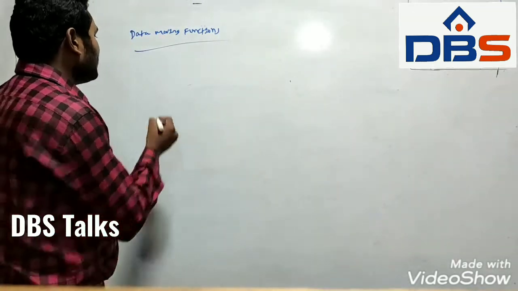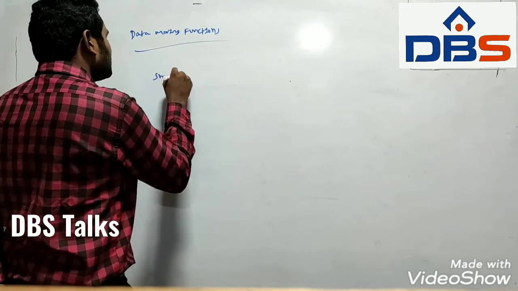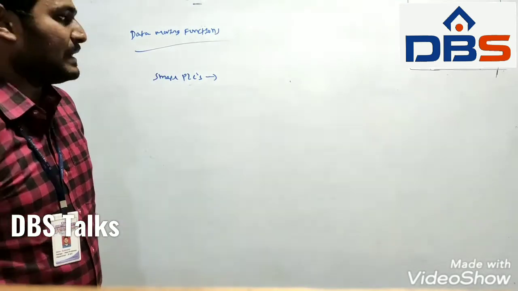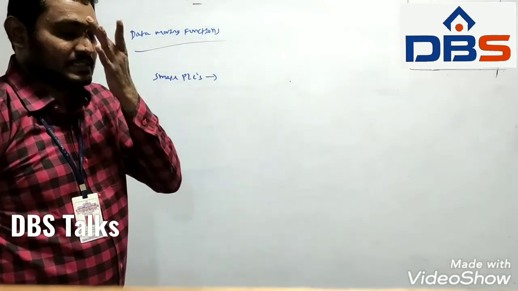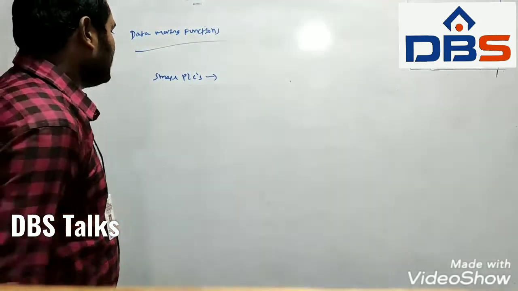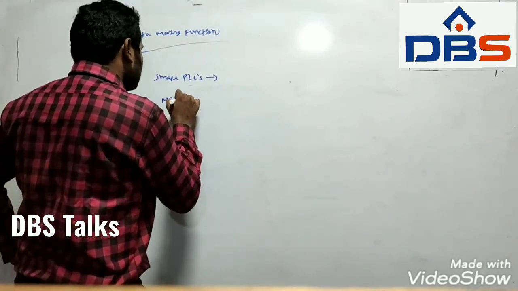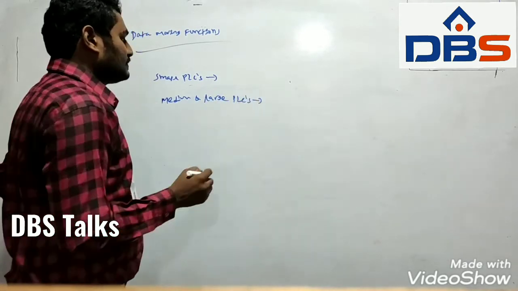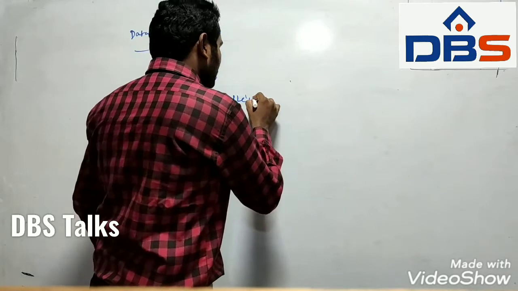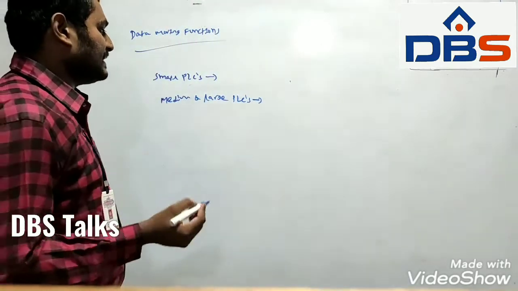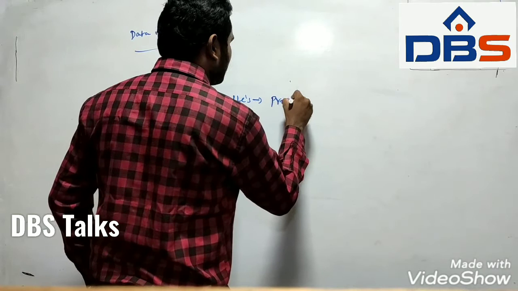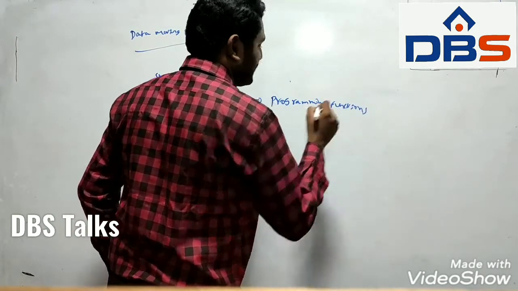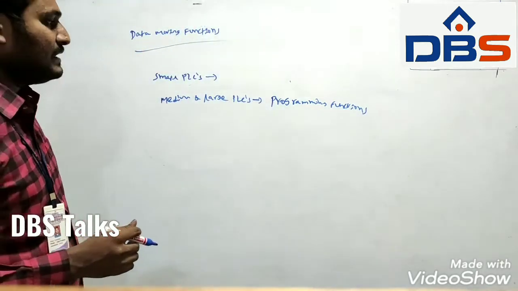In small PLCs, the data movement takes place internally and automatically, but the operation is not controlled. In medium and large size PLCs, the data movement is controlled by using programming functions. By using these programming functions, we can control the data movement of the program.